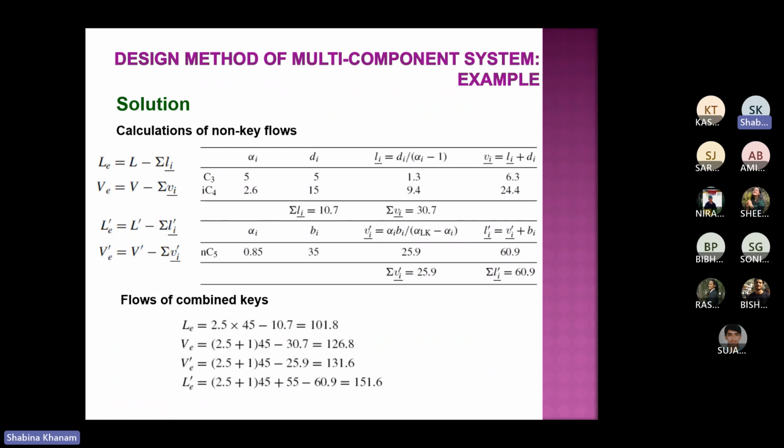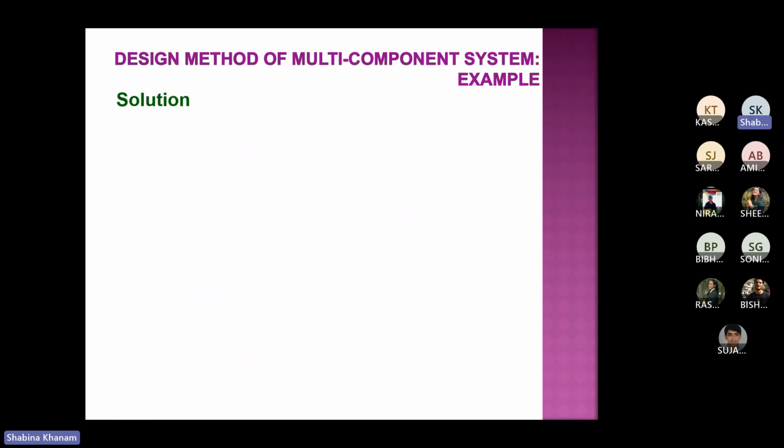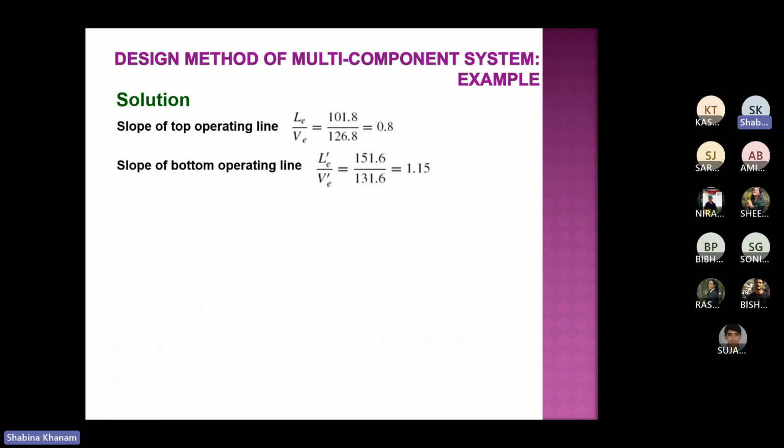And once I have this flow rate of combined keys, we can find out the slope of the operating line in the rectification section and in the stripping section. From here onward you need to follow the McCabe-Thiele method. The slope of the top and bottom operating lines you know already, that you have read in your mass transfer course.